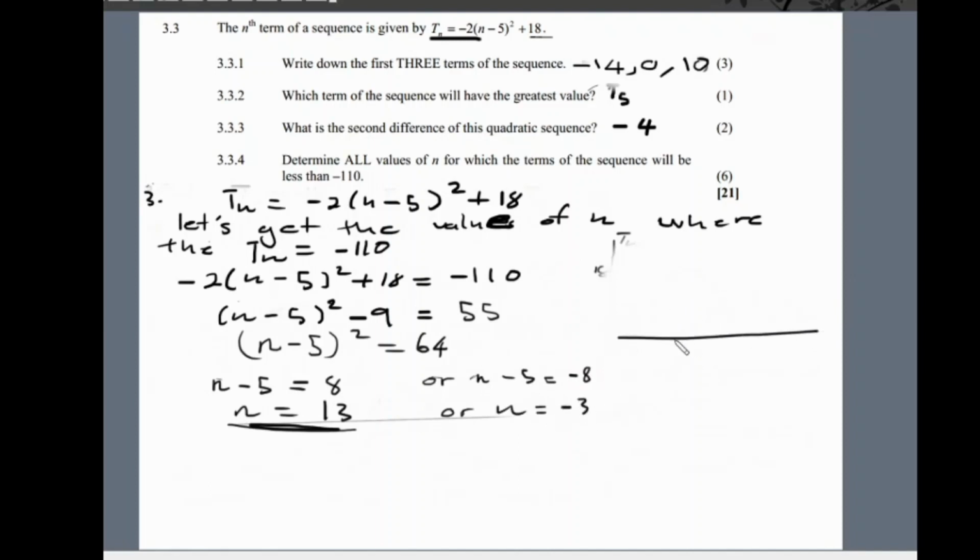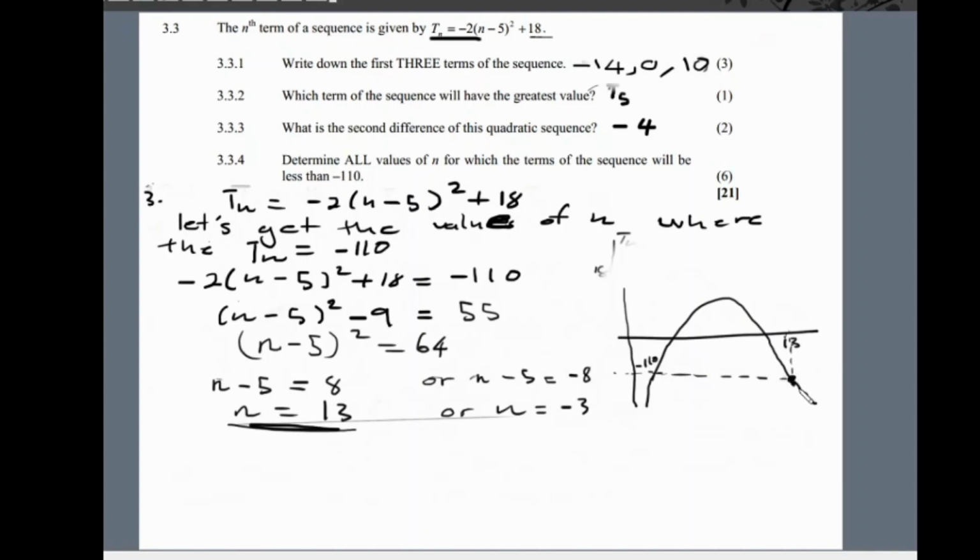So now we have this sketch, right? We know when n is equal to 13, this function will be equal to minus 110 at some point. This is just a picture to demonstrate. And then we want the values of n where this function will be less than minus 110.